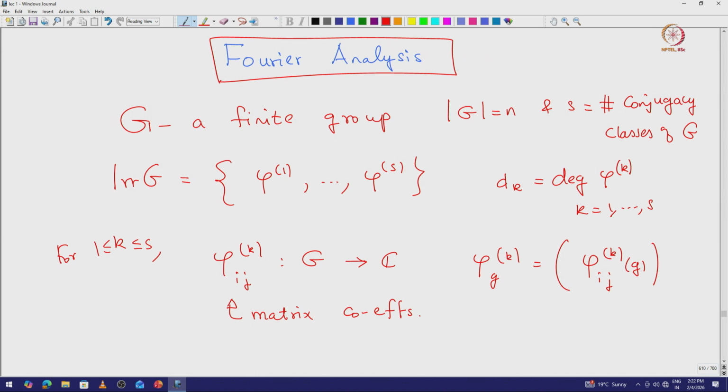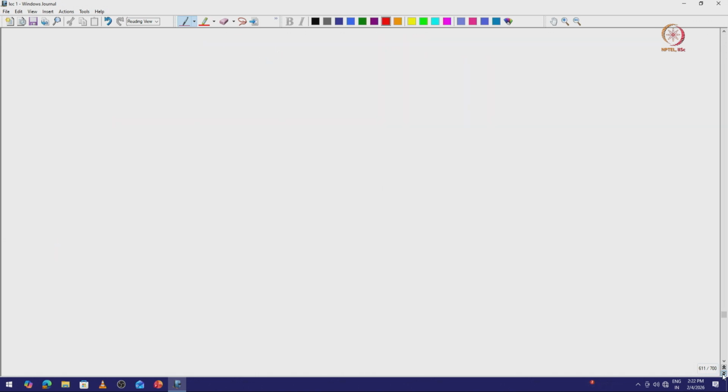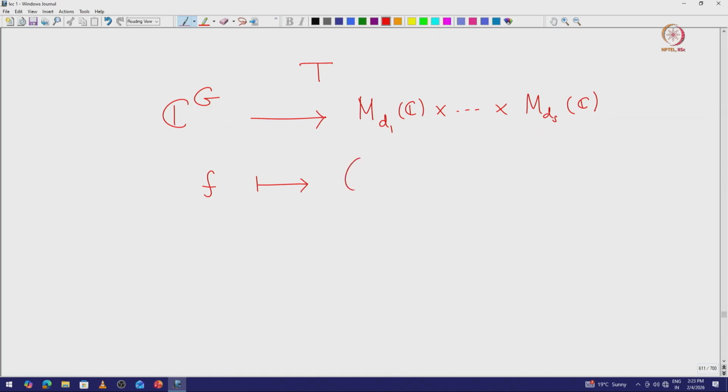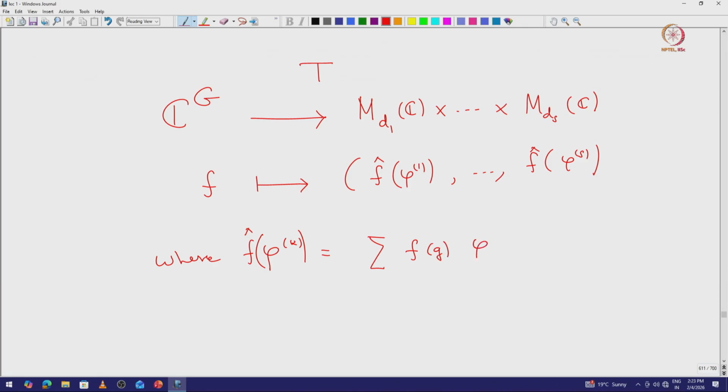Now with this we will define the Fourier transform. Let us recall that. The Fourier transform is a function from C[G] to the product of the matrix algebras M_{d_1}(C) cross etcetera cross M_{d_s}(C), where given f we associate this tuple f hat of phi 1 etcetera f hat of phi s, where f hat of phi k is nothing but the summation of f(g) phi_k(g).